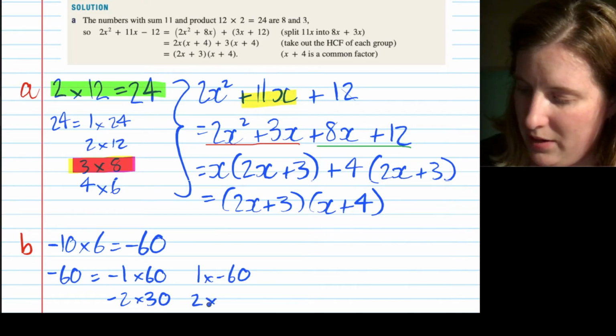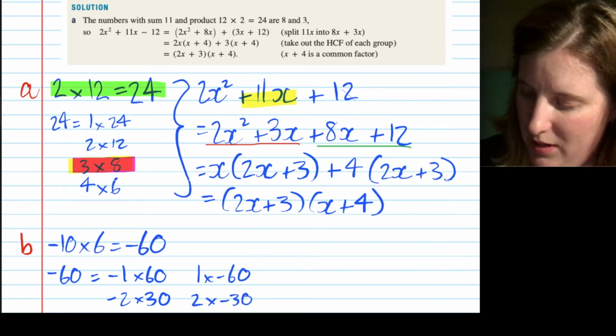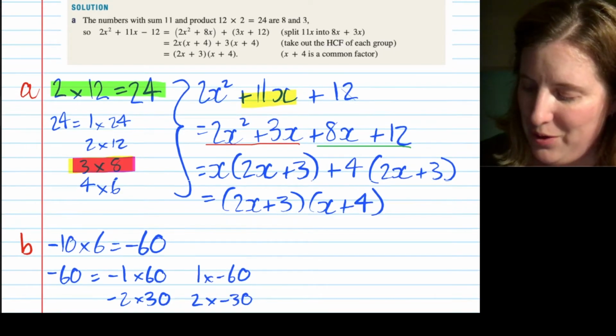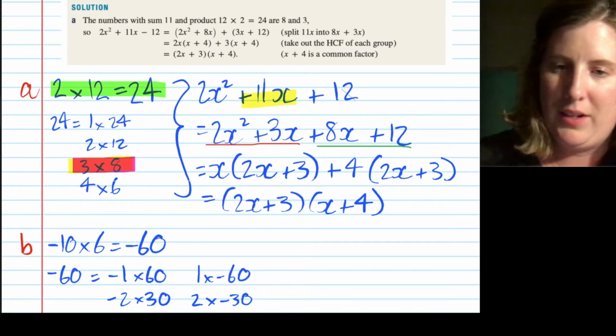Or 2 times negative 30, negative 3 times 20, or 3 times negative 20, negative 4 times 15, or 4 times negative 15.